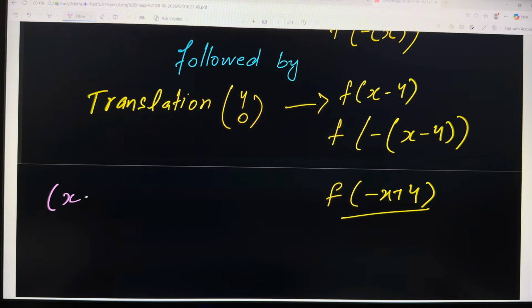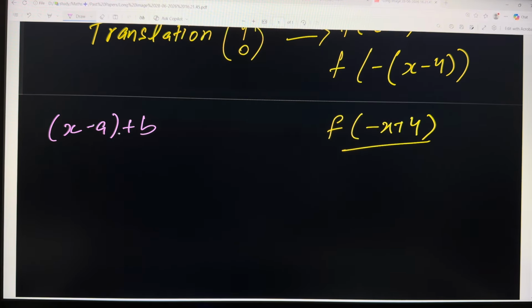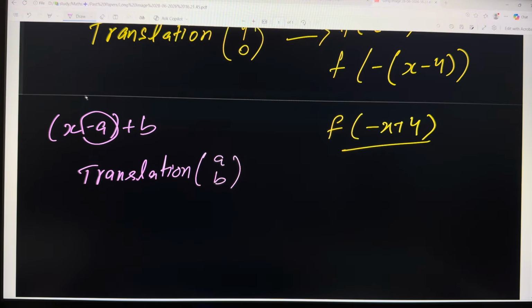If we have f(x - a) + b, basically that is a translation with the vector (a, b). So always remember the bracket always lies, and we do the opposite in the translation. This is the real one.